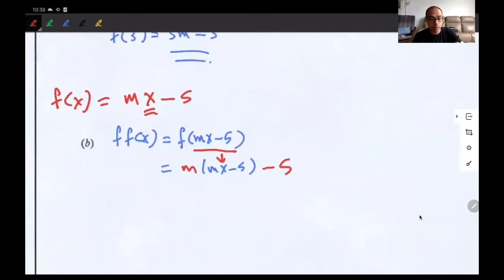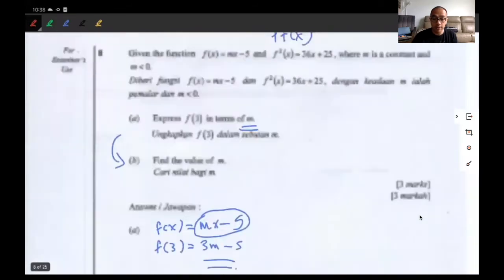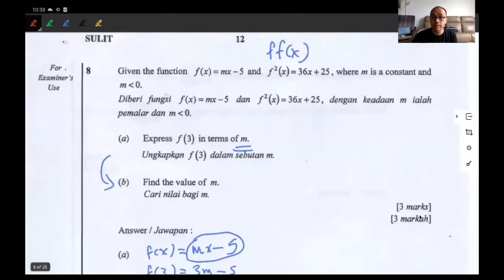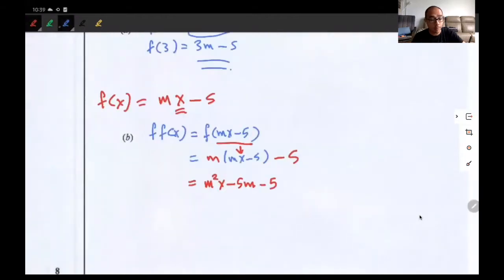Okay, so let's simplify this. So this will be m squared x minus 5m minus 5. Okay, now let's compare this to the value of f of f of x yang sudah diberi, 36x plus 25.